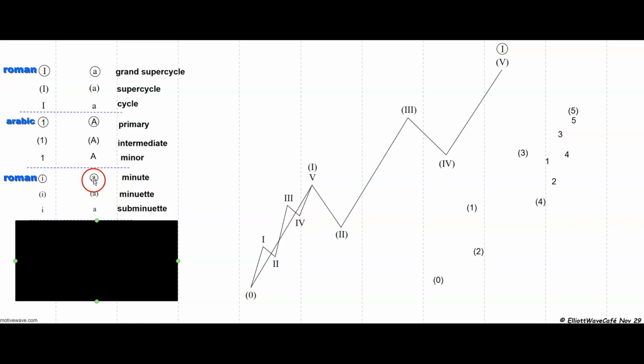And then same thing for here. Now, these two are the same. You see that? Okay, so it's just a lowercase letter. But usually they're smaller in size, so when you see them on the chart, they're a little bit smaller, and you'll know that's what it is. But these two are basically similar. So minute degree is next, which comes after I remove this guy.